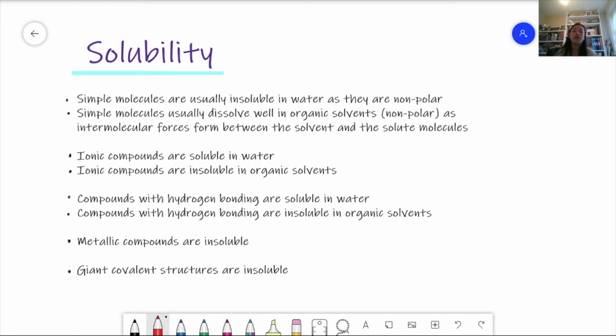Compounds with hydrogen bonding are also insoluble in organic solvents. Metallic compounds tend to be insoluble just because it's quite hard to break the bonding to form bonds with the water or the organic solvents, and that's the same with the giant covalent structures.